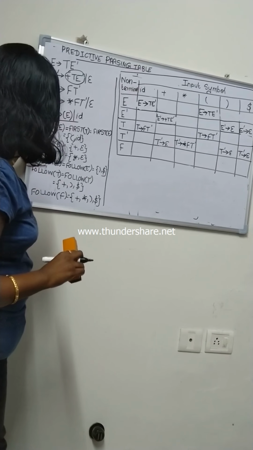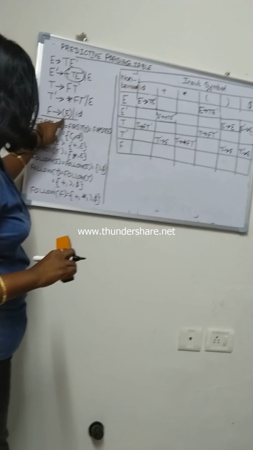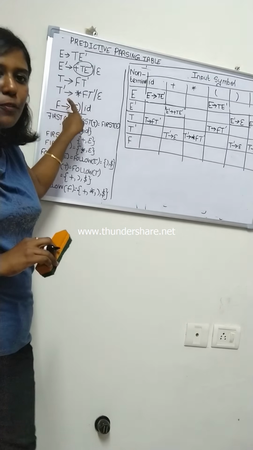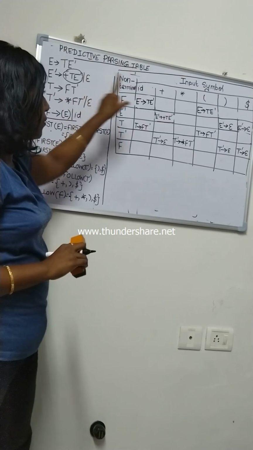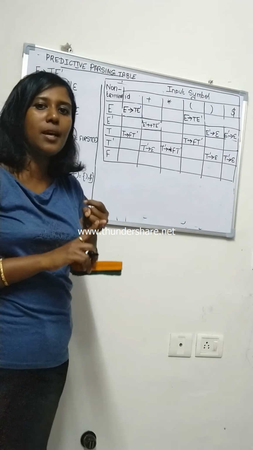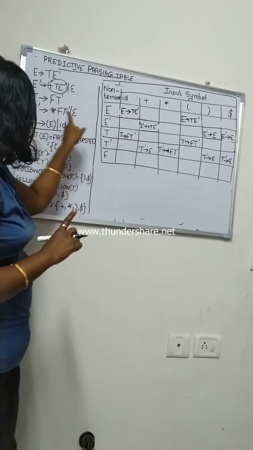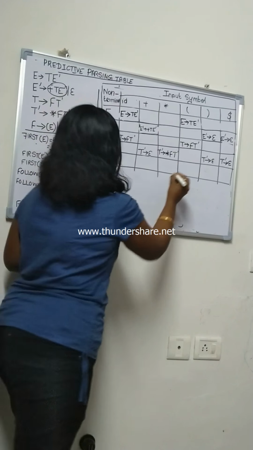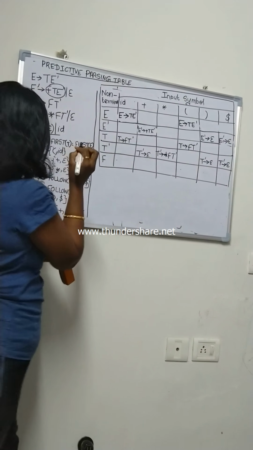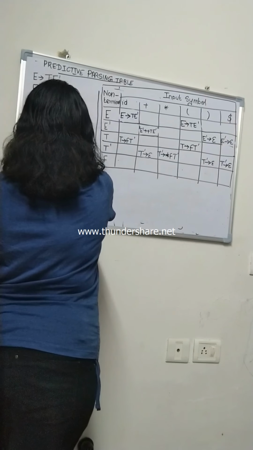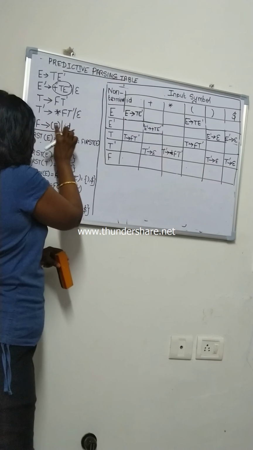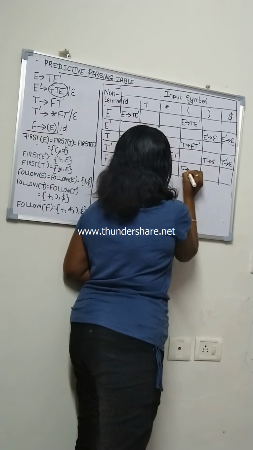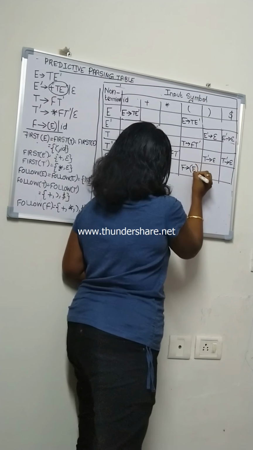Now I am going to find this production. F derives open parenthesis E close parenthesis, and we have one more F production, F derives ID. When we are going to fill this parsing table, first we see the first function. First of F is equal to open parenthesis and ID. So F derives open parenthesis E close parenthesis, I am going to fill here.